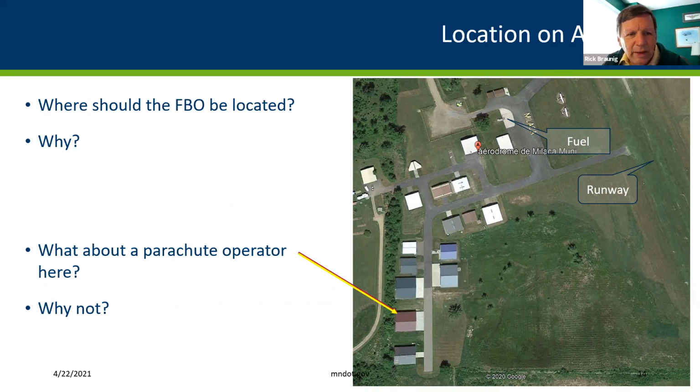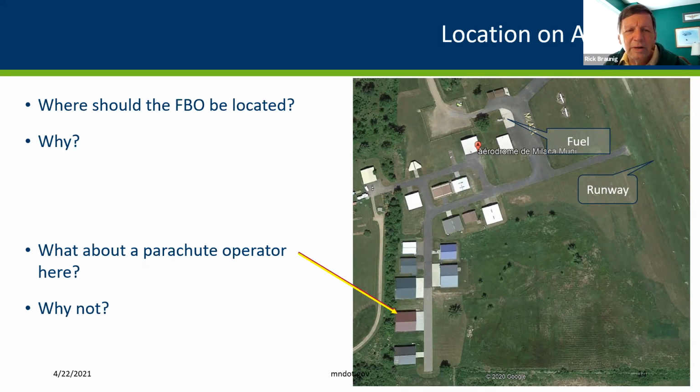Yep. You can see Malacca had a parachute operator down in the lower left there, tucked back on a taxiway, and that really wasn't, in our estimation, a great place for them. Not so much about the operation itself, but about their interaction with the public.